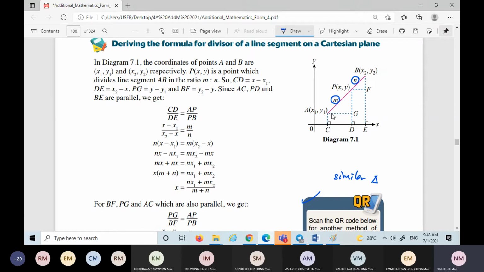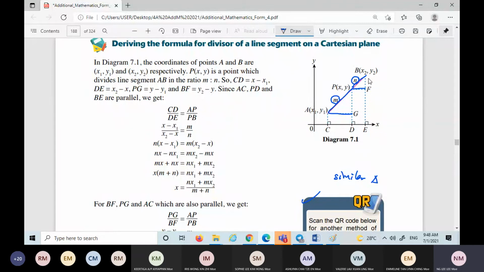They are saying this over this is equal to this over this. This is the concept of similar triangle. If not sure what is similar triangle, you can Google. You don't just listen to Puan Eng say similar triangle, but don't know what is that.